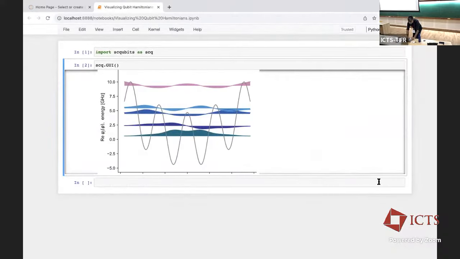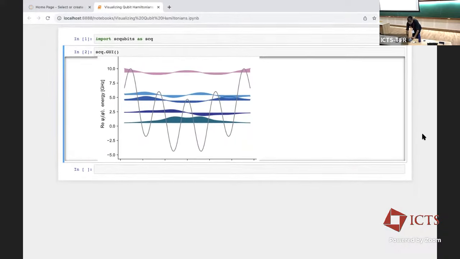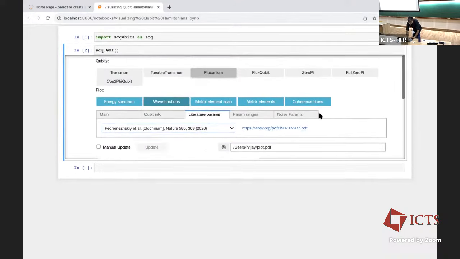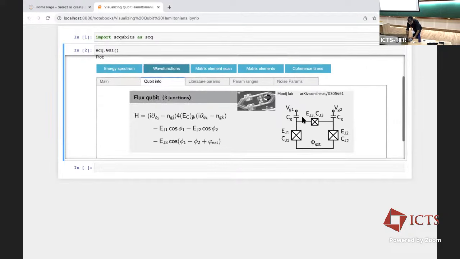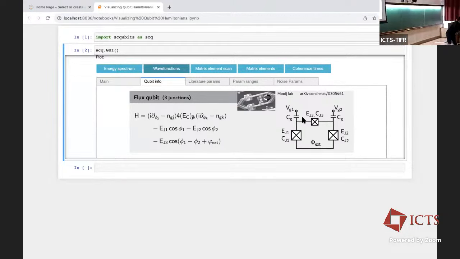So since there was this question about flux qubit, let me just quickly choose flux qubit here. You can see the flux qubit is typically, there are again various versions. Typically there are 3 junctions, 1 small and 2 large.